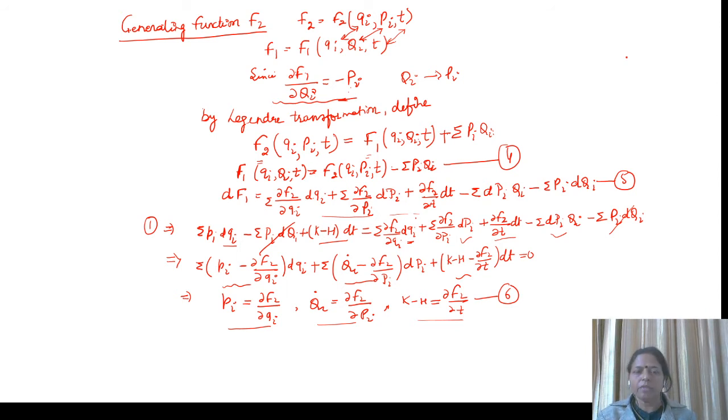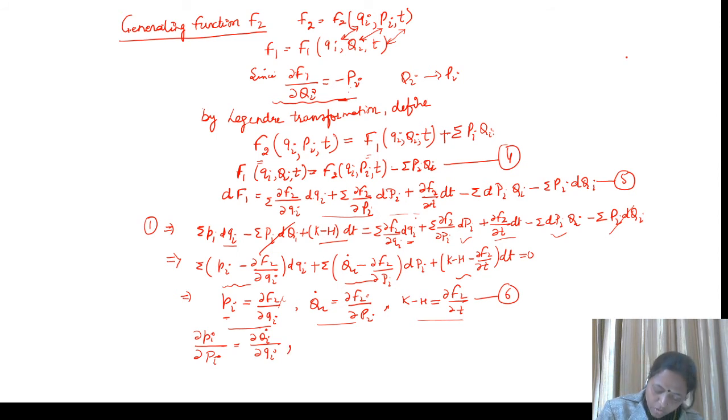Or in other way, if you are having F2, then you can find the transformation equations, you can describe your dynamical system. These two equations again can be combined. If I differentiate this with respect to capital Pi, and this equation with respect to small qi, then this side will be same and we are having this type of relation.